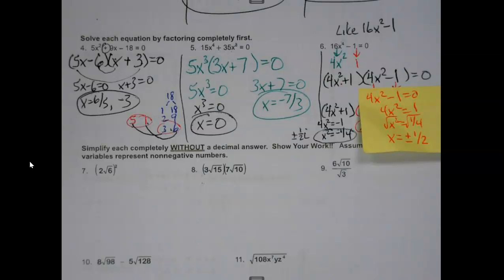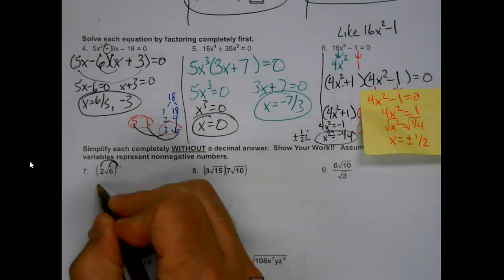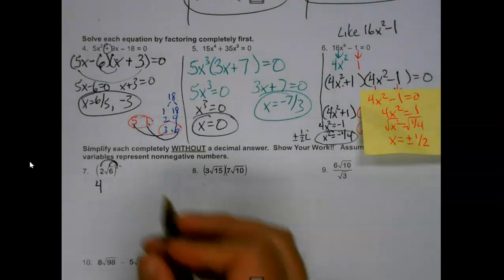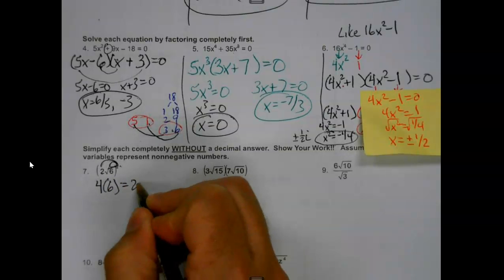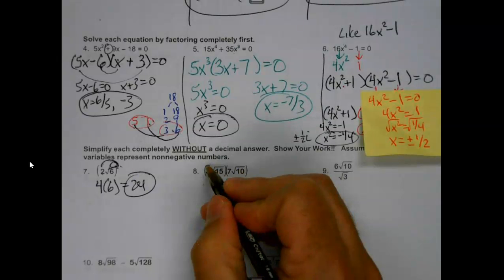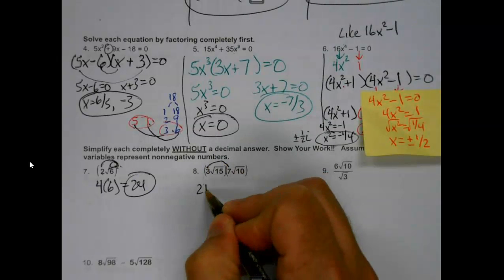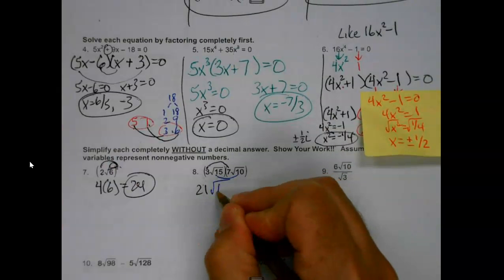So when we get to this next one, square the 2, square the radical. Square the 2 gets me 4. Square the radical just cancels the radical. And we're good. Multiply the stuff outside the radical. Multiply the stuff inside the radical.